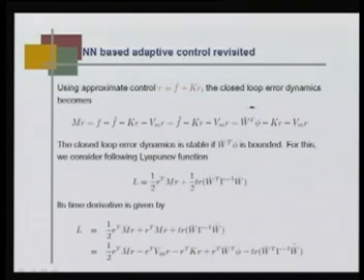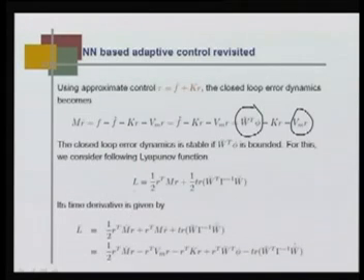But now we have extra terms here, and we have to find W hat dot such that the closed loop error dynamics is stable, that is, W tilde transpose phi is bounded. For this we consider a Lyapunov function L equal to half r transpose M r plus half trace W tilde transpose gamma inverse W tilde, where gamma is a positive definite matrix.